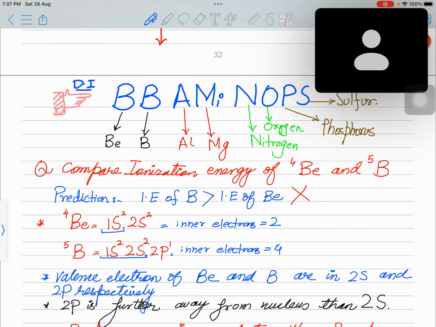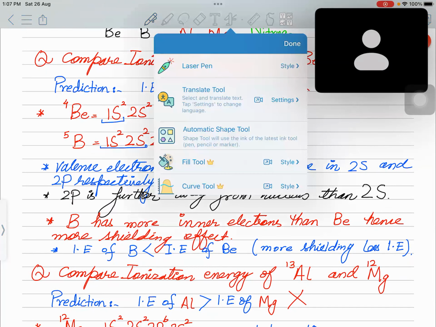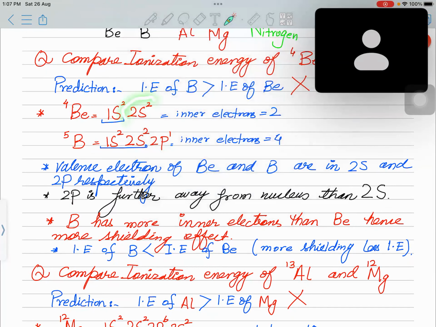No, the reason is that when you write the electronic configuration of beryllium, the configuration ends with 2s. When you write the electronic configuration of boron, it ends with 2p1. So 2p is further away from the nucleus than 2s.